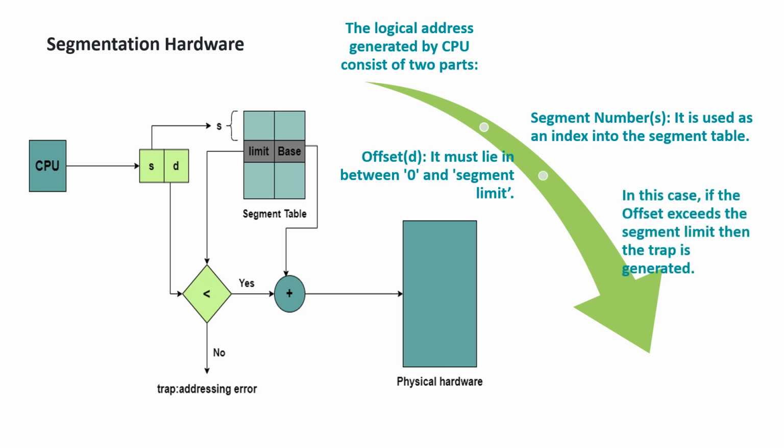If the offset exceeds the segment limit, then a trap is generated. If the offset is correct, then offset plus segment base is equal to the address in the physical memory. In this way, the logical address is mapped to the physical address, thereby indicating the segment in the memory. So this is what is done in segmentation.